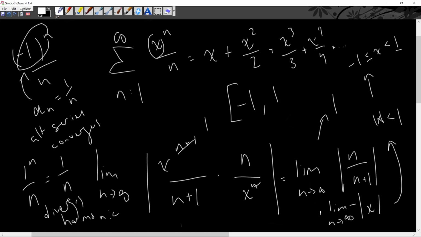So again, let's evaluate what this is saying. This is saying that for this series, if there's an alternating part, then it is monotonically decreasing, so it is still an alternating series. And for all negative values of x, you will have an alternating series with terms that are decreasing.